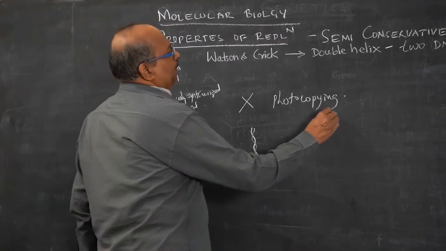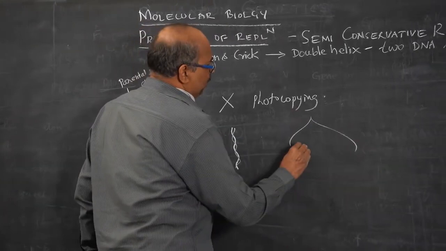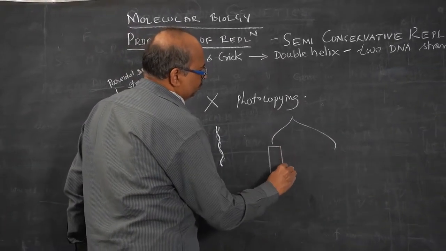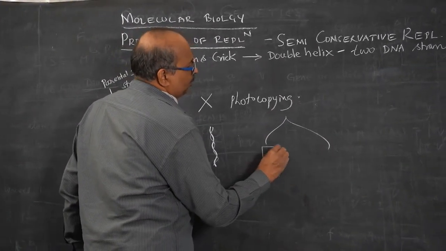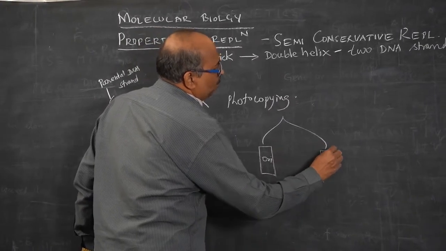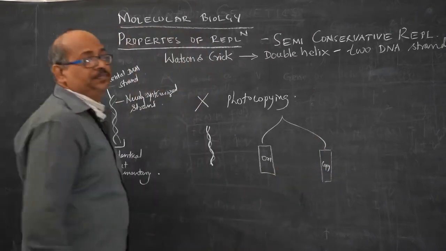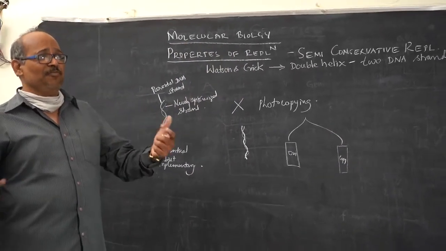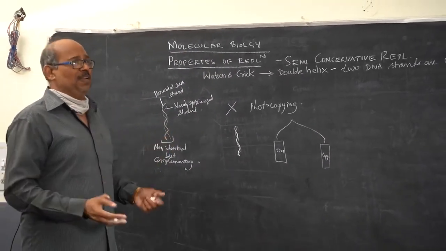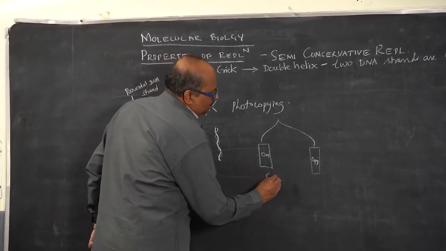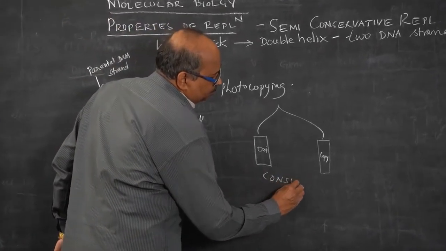In photocopying, you get your original, and you get a new one as a copy. This kind of mechanism, if it occurs in replication, we call conservative.